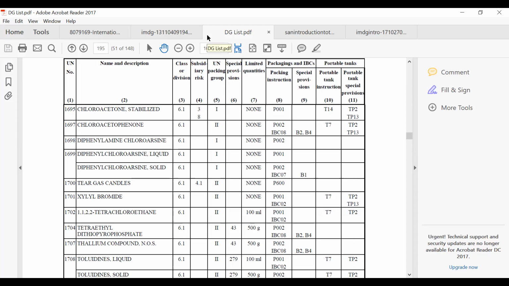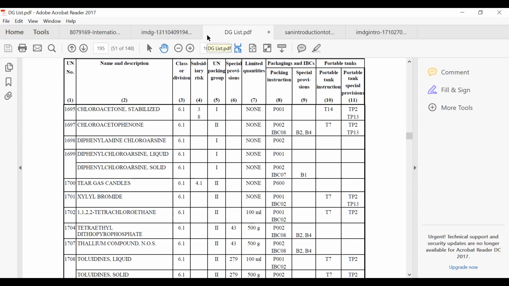The class or division is 6.1, which is toxic substance.